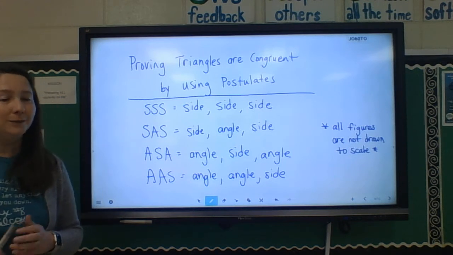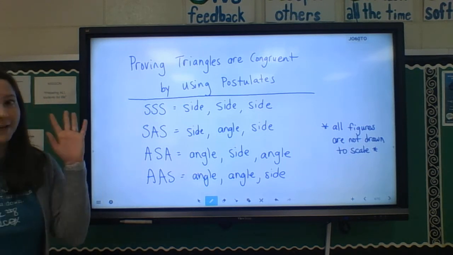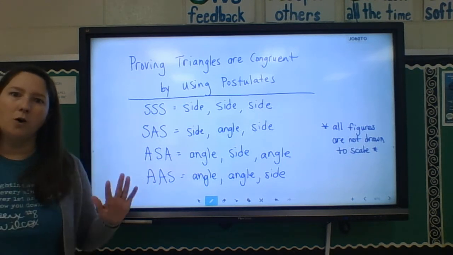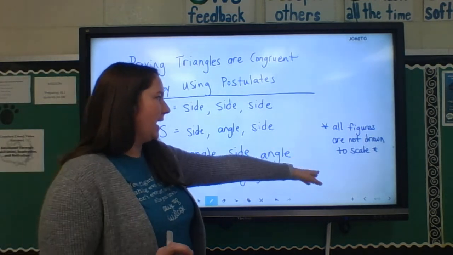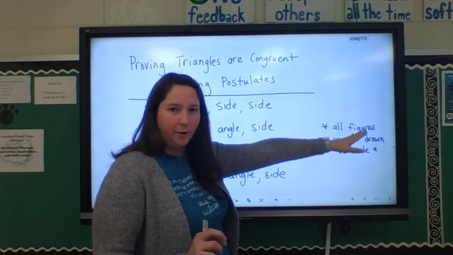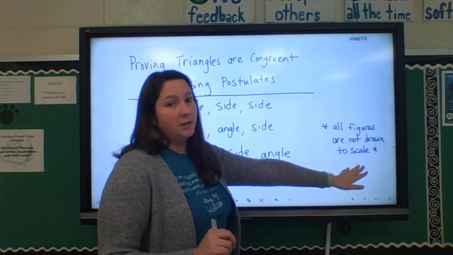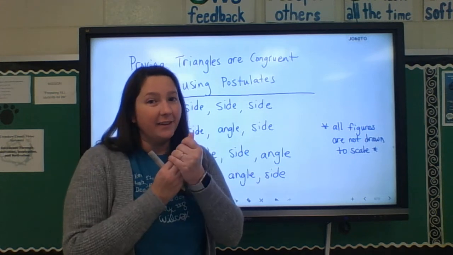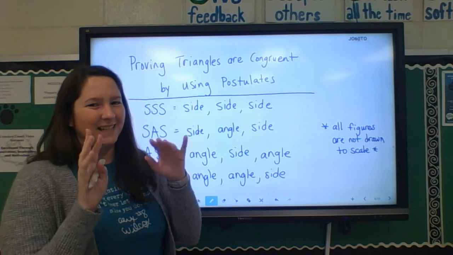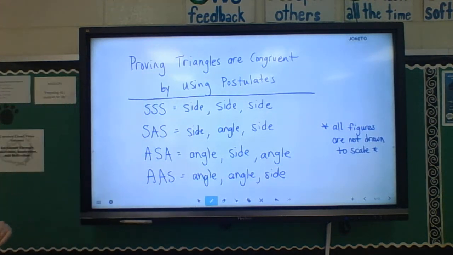Now, y'all know that I'm the best drawer in the whole wide world. So I'm going to say all of the figures that you're about to see are not drawn to scale, because even though they say that they're equal, one might not look like they're equal. But that's okay.